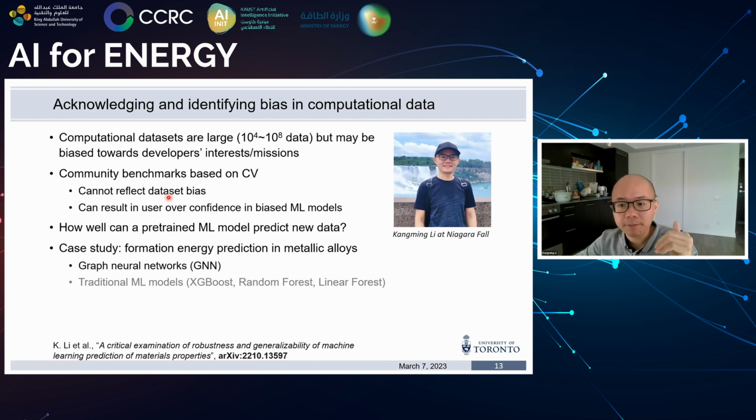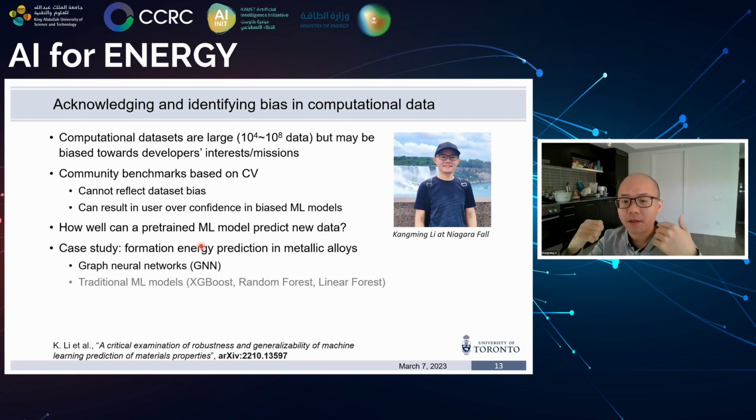The community benchmark, on the other hand, is often based on the traditional cross-validation, so they cannot reflect the database bias and can also lead to overconfidence in the machine learning model.